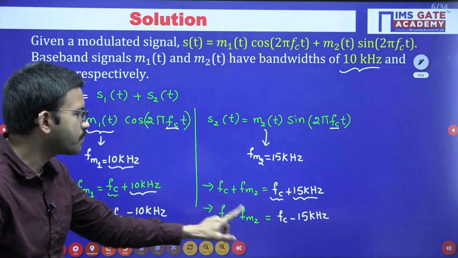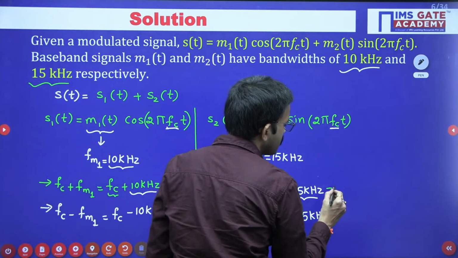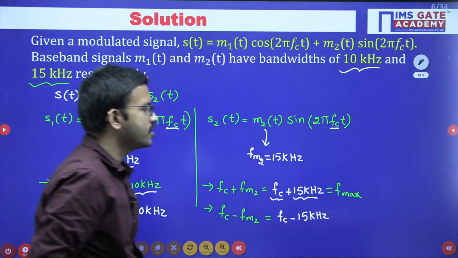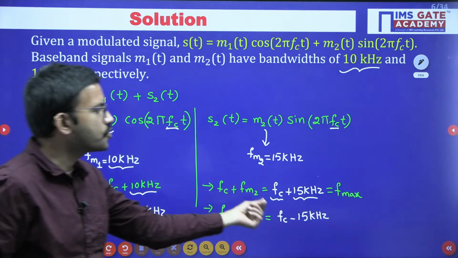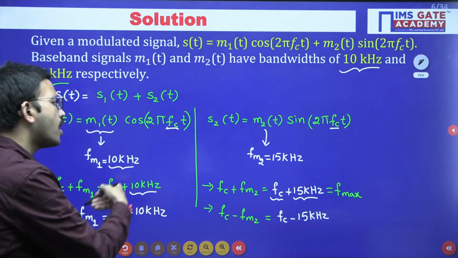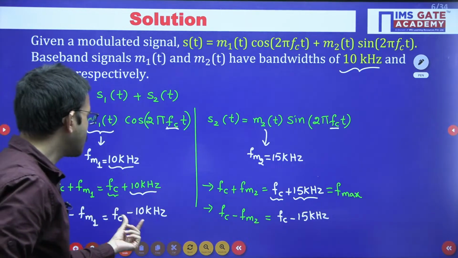So here you are subtracting, so that means among these two, this is nothing but your F max, the maximum frequency. Similarly, to find the minimum among all the 4 frequencies, you just have to observe the difference.